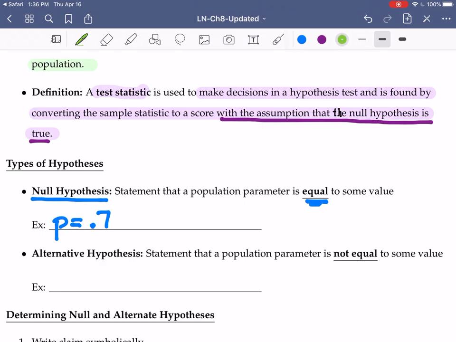Or maybe it's a statement about the mean: we think the population mean is equal to 32. Or maybe you're talking about a standard deviation: we think the standard deviation is equal to 1.4. The null hypothesis will always, always, always be a statement that some value is equal to some other value. So it will always have an equal sign.